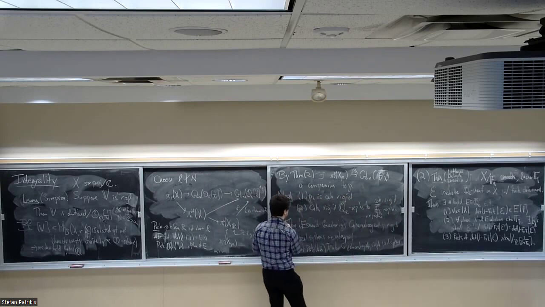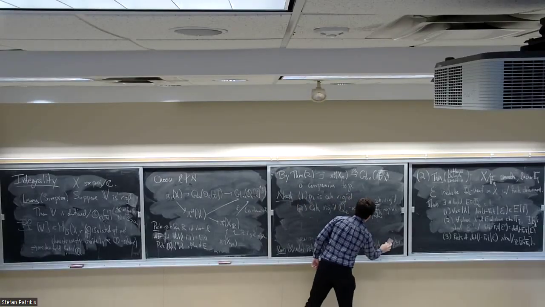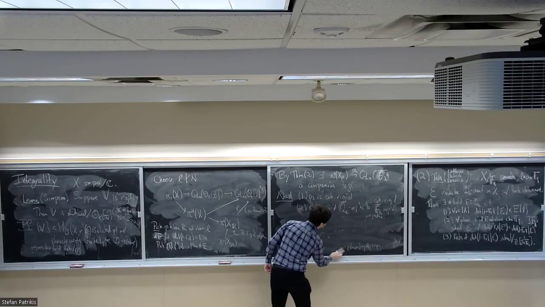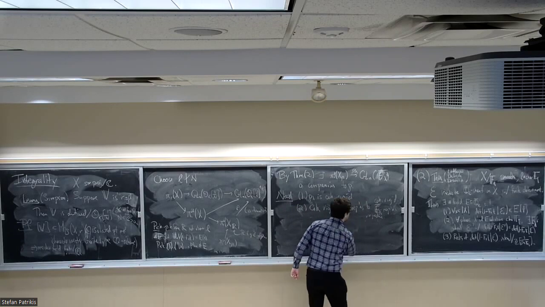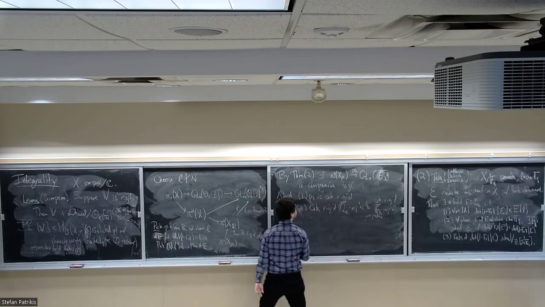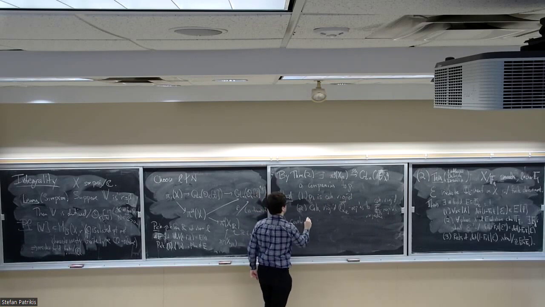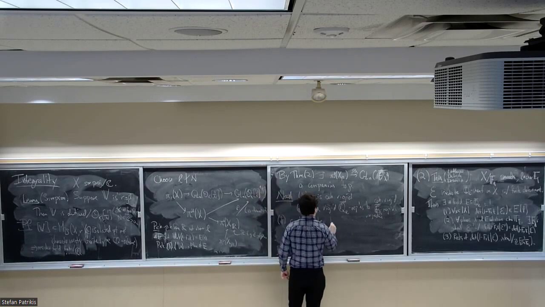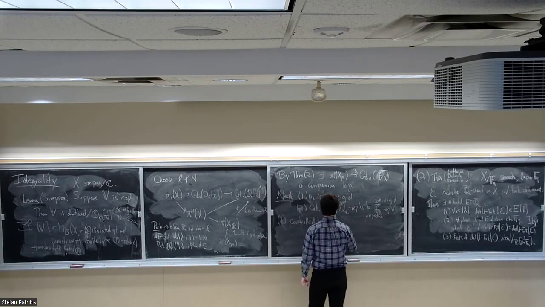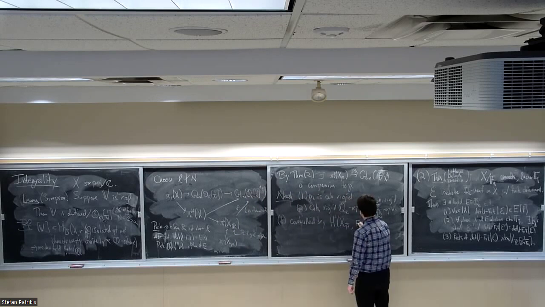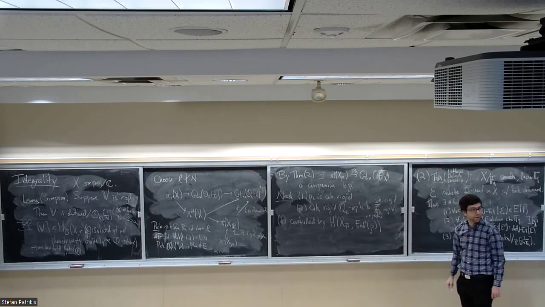And let me erase the theorem I'm proving. So let me say why this is true. One is controlled by H1 of X bar with coefficients in the trace 0 endomorphisms of rho, or rho lambda if you'd like.